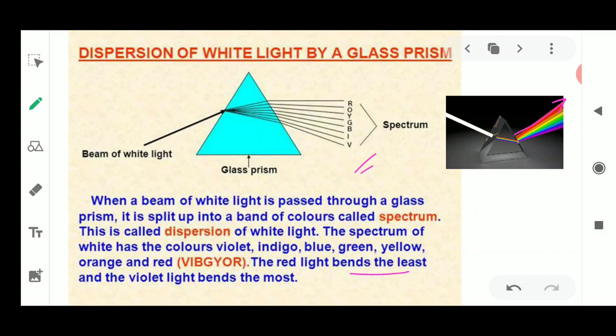Red is at the top of the spectrum, and the violet color bends most. It has a large refracting property, that is why it is at the bottom. So red until violet, it is the band of 7 colors. This was about the dispersion of white light.